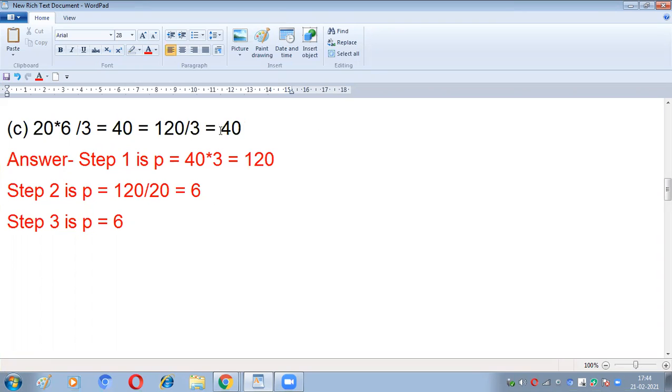Here our result is 40, and the equation has the same result. That means our solution is correct.